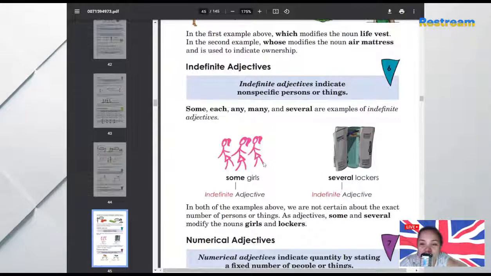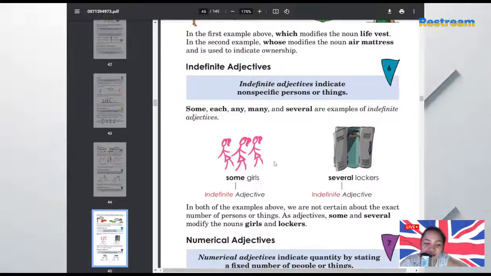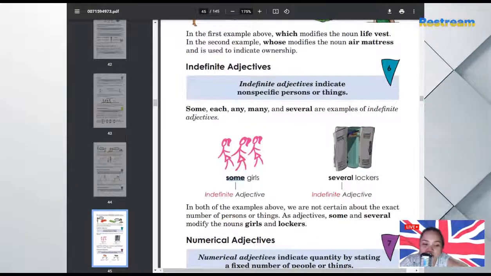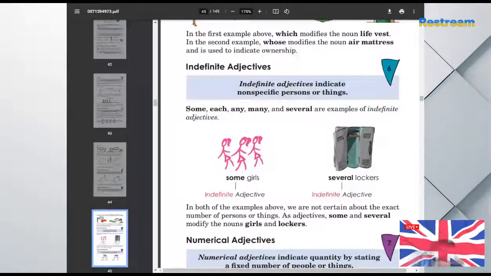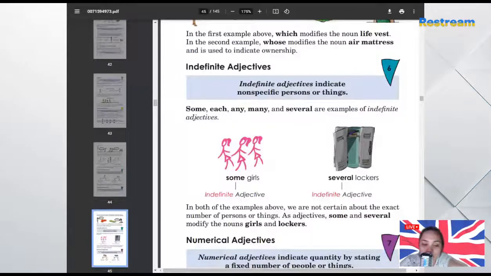So you want to avoid that. So the word some is an indefinite adjective, while several is also an indefinite adjective because we use it sometimes to ask someone about something.